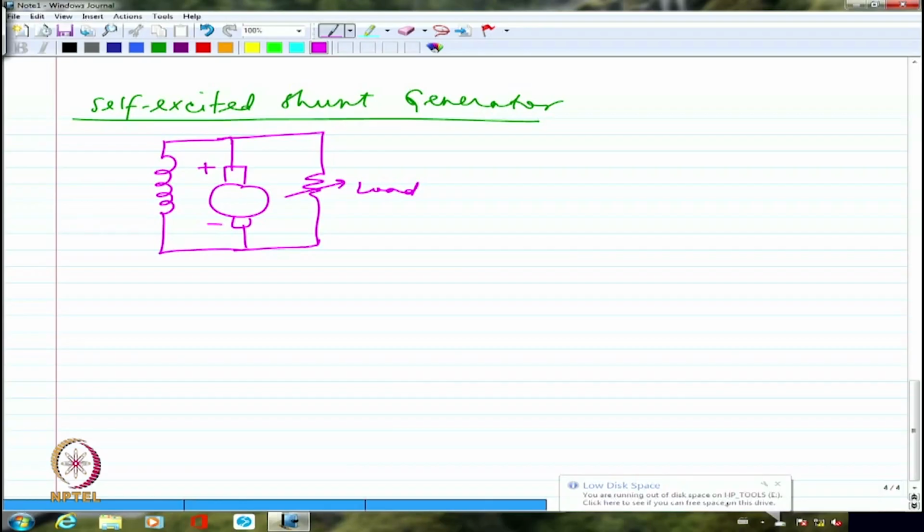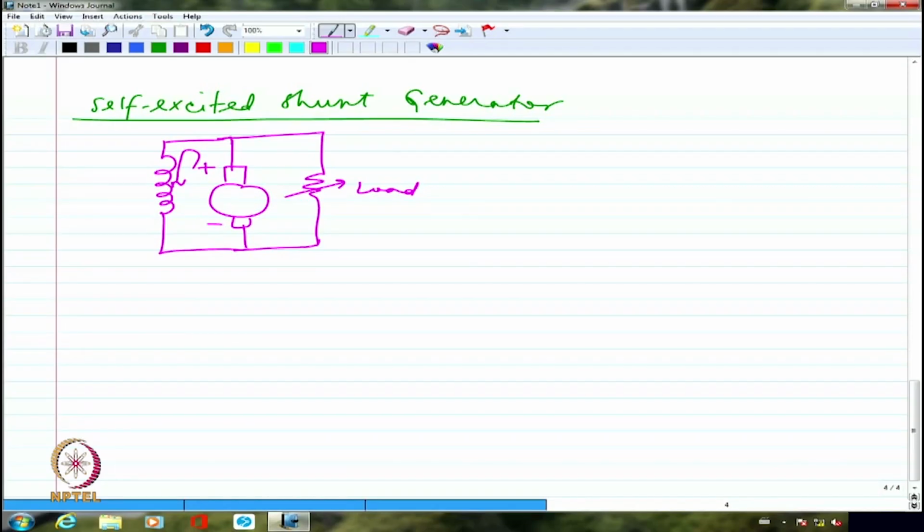Initially I may not even connect the load. I'll say let the voltage build up, then only I will connect the load. Until then I will not even connect the load in all probability. So I will have a current flowing through the field. Originally it was zero current, with residual magnetism producing a voltage. Now that voltage will circulate a current through the field.